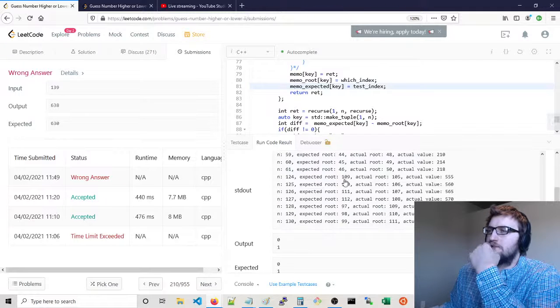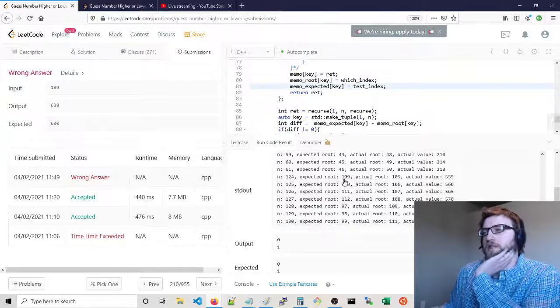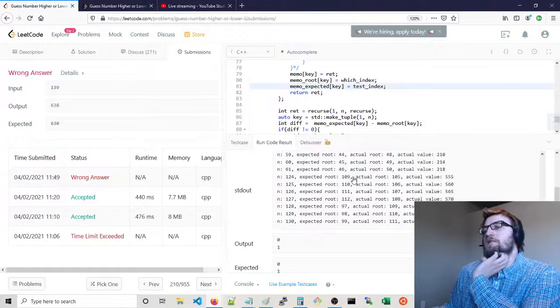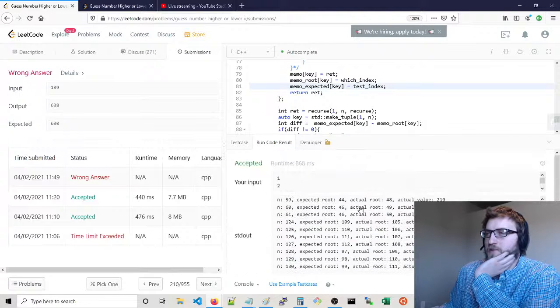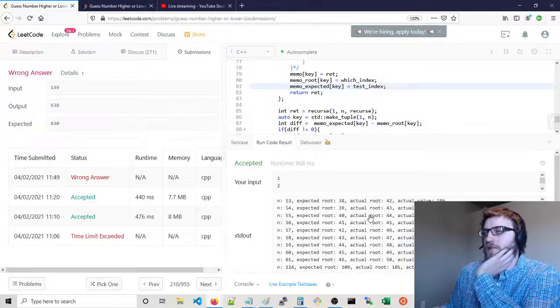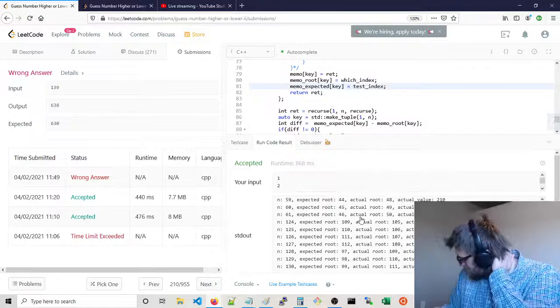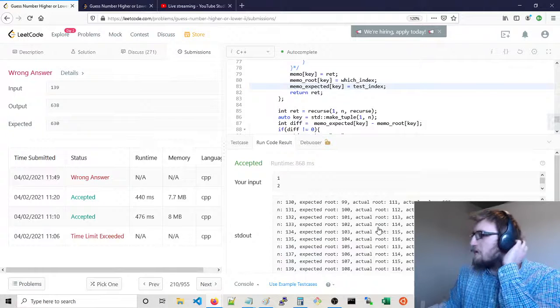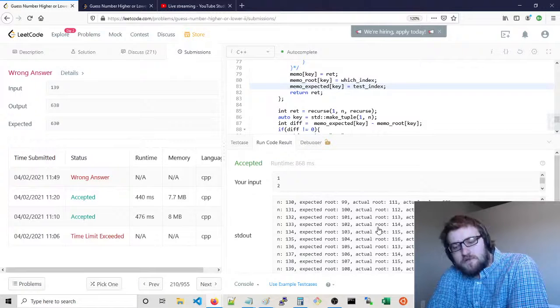Now, what's also interesting is the expected root and the actual root. Their differences are not necessarily positive or negative. Here the expected minus the actual is positive, whereas for these other ones, the expected minus the actual is negative, which is a little strange. I don't actually know what that means.